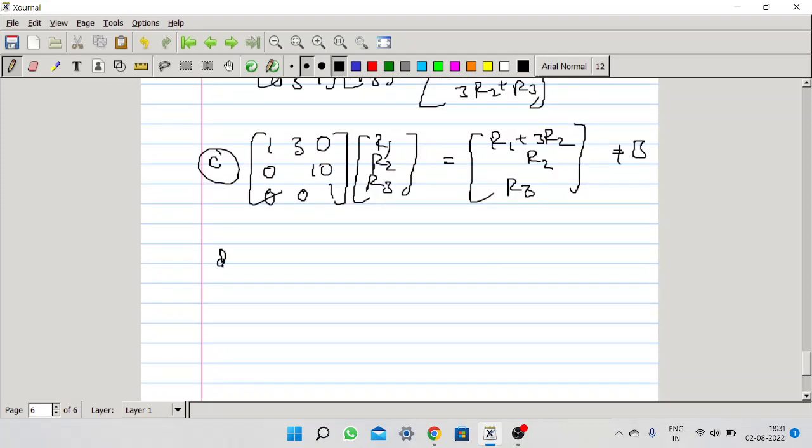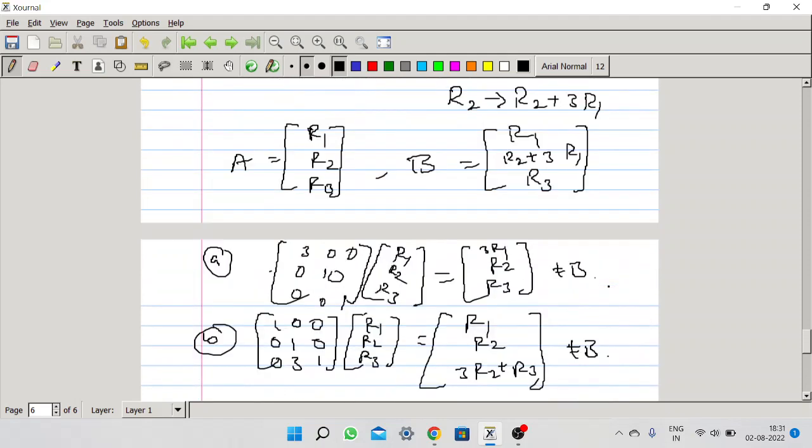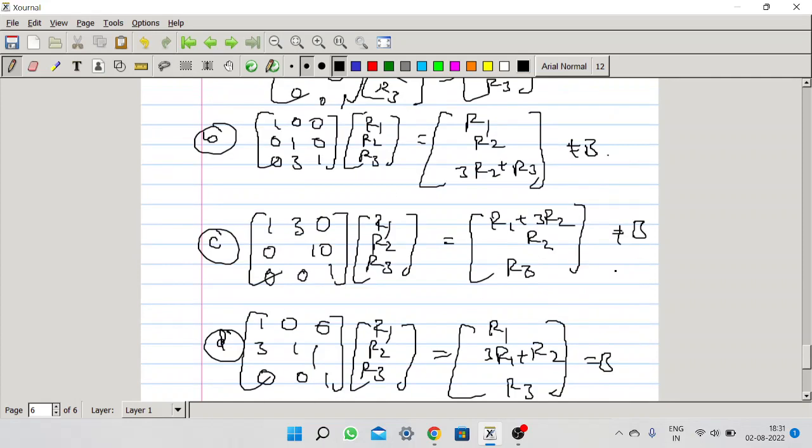Option D is 1 0 0, 3 1 1, 0 0 1. The resulting matrix is: this is R1, this is 3R1 plus R2, this is R3. So I think this is the matrix B. What we get is R1, R2 plus 3R1, R3.